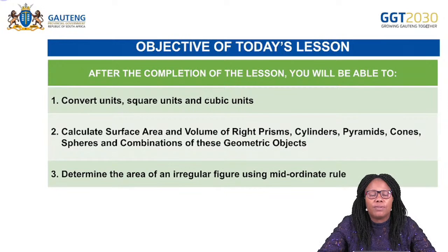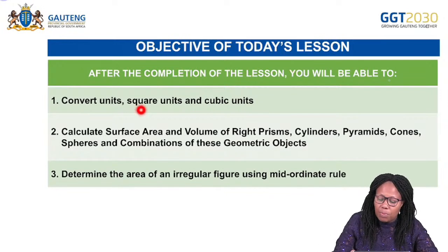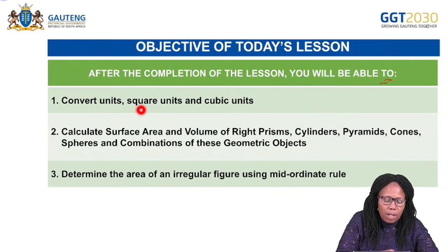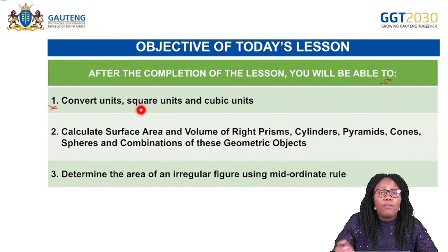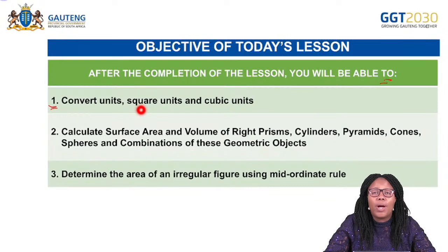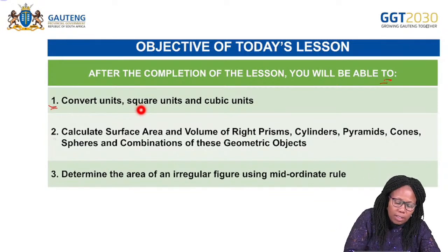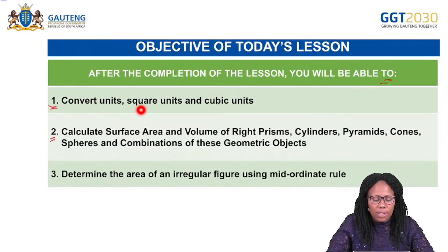Our objectives of today's lesson: after the completion of the lesson, you will be able to, number one, convert units, square units and cubic units. Secondly, you will be able to calculate the surface area and the volume of right prisms, cylinders, pyramids, cones, spheres, and combinations of everything.